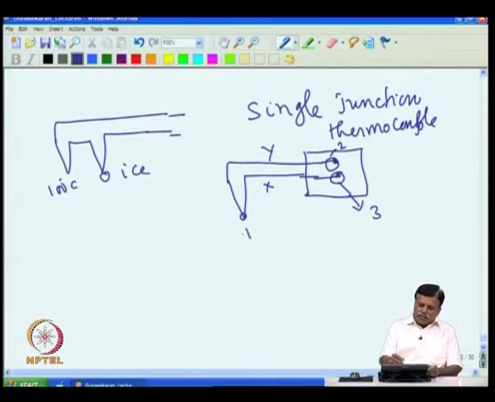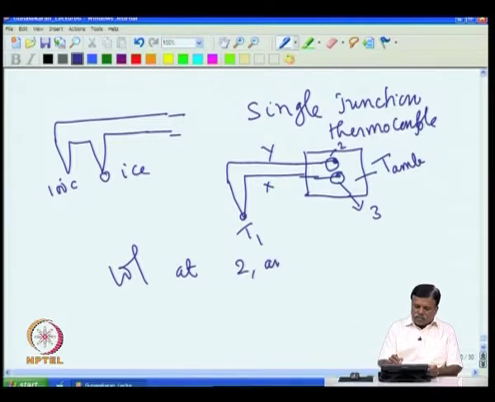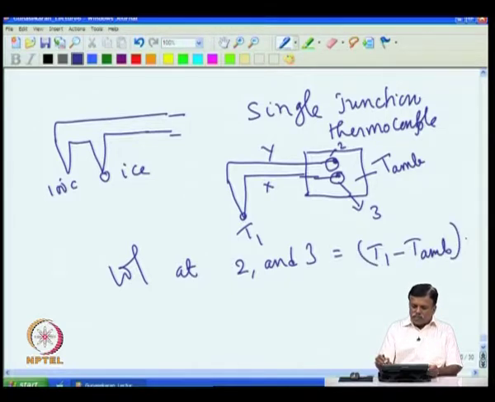Then the temperature produced is T1, and if this is the ambient temperature, T ambient, then the voltage available between 2 and 3 is T1 minus T ambient times the sensitivity, where in this case S is taken as 40 microvolt per degree C.